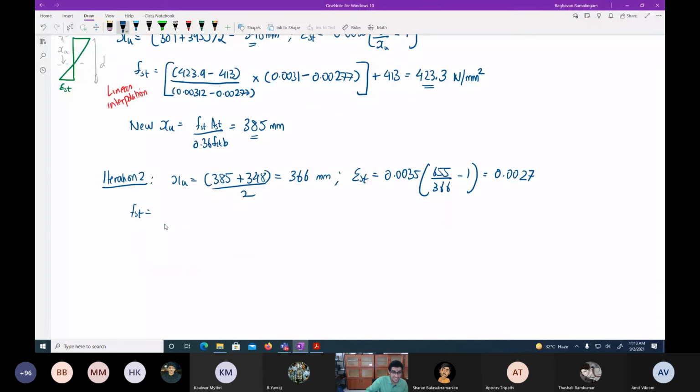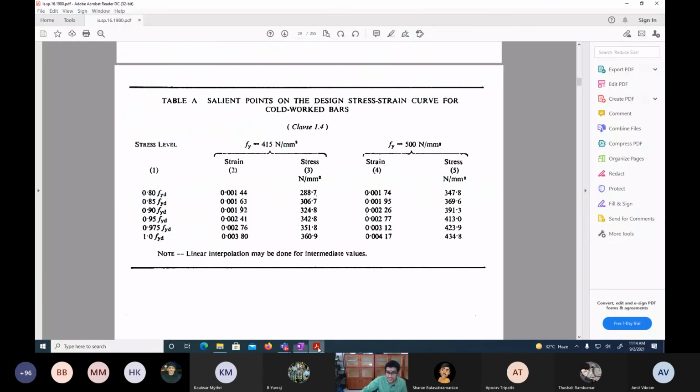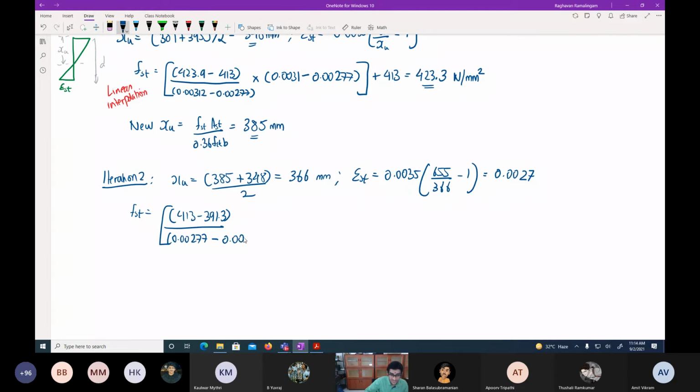So this equals 413 minus 391.3, divided by 0.00277 minus 0.00226, into 0.00277 minus 0.0027, plus 391.3. Basically, this is nothing but this.